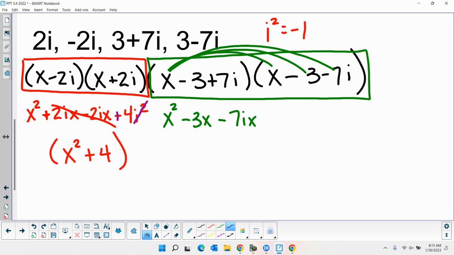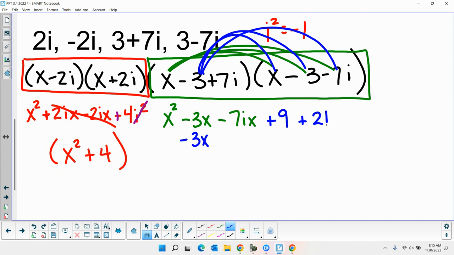Now, I'm going to do negative 3 times x, which those are like terms, so I'm going to just put them like that. Negative 3 times negative 3 is positive 9. There's no other like terms to put it under, so let's put it out there. Negative 3 times negative 7i is positive 21i. Negative times a negative is positive, right? There's 3 more, so I got 6 of the 9.